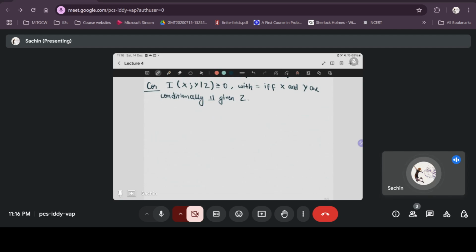It's x and y given z. But what given z means is very mathematically precisely defined.